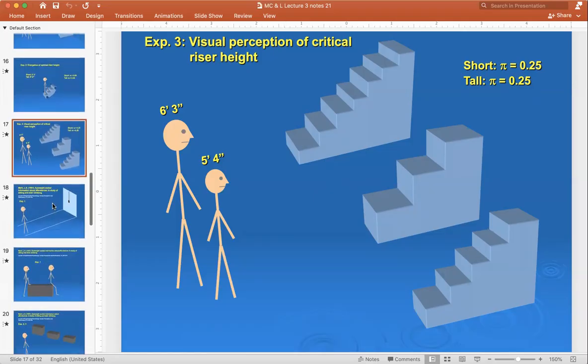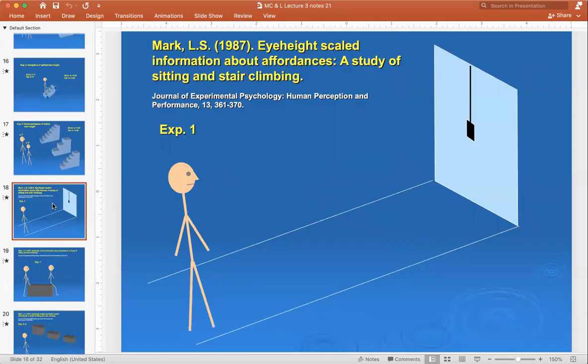Another experiment Mark looked at: he had people look down the end of a corridor at a playing card that was hung over a wall on a string. The experimenter behind the wall would move the playing card up and down until the subject said stop, and then they would measure how high that was off the floor.